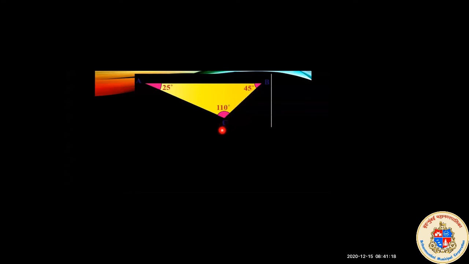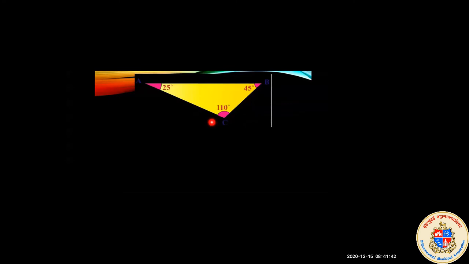Angle A is 25 degree, angle B is 45 degree, angle C is 110 degree. So when you find out the measurements of these angles, which type of triangle is it?